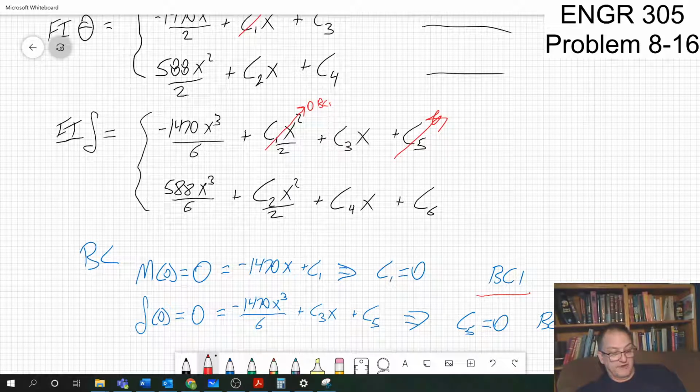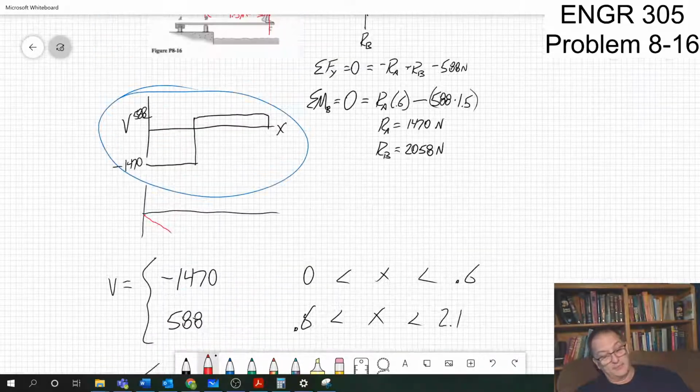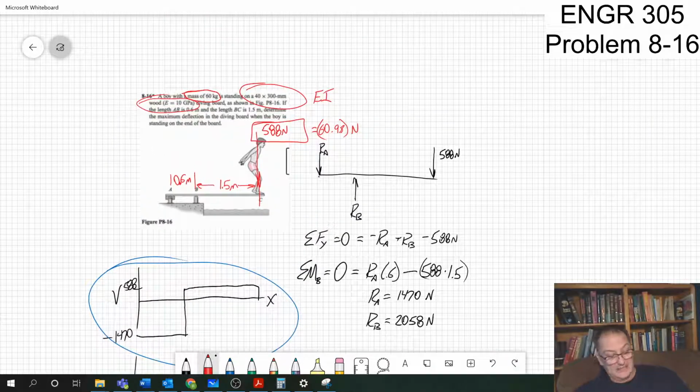All right, so far I've picked off the boundary conditions at x equal to 0, which are easy. It would be nice if we could solve C3 that way. So do I know anything about the slope at the beginning? Here's the problem: I know that this diving board is going to go up and come down, and I know the deflection at both ends, and then this is going to come down and continue to bend.